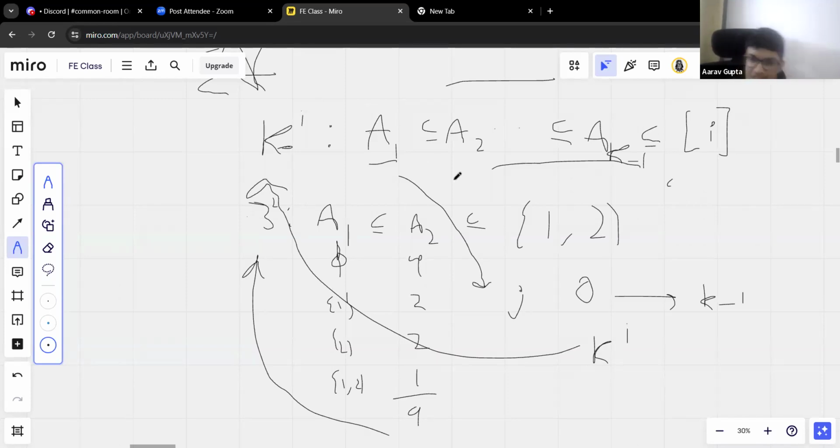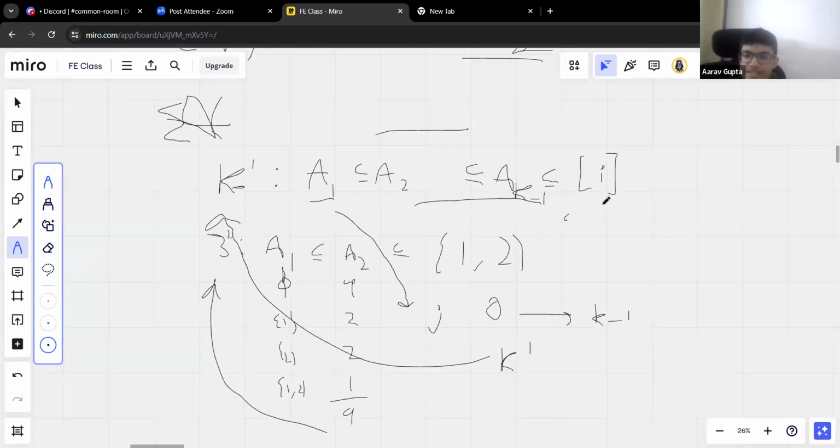Okay, I'll explain again. Basically what I'm saying is that every element of this set, you can have it in none of these A's. You can have it in only A_{k-1}. You can have it in only A_{k-2} and A_{k-1}. And so on. But it must be in some consecutive block at the end of this series.